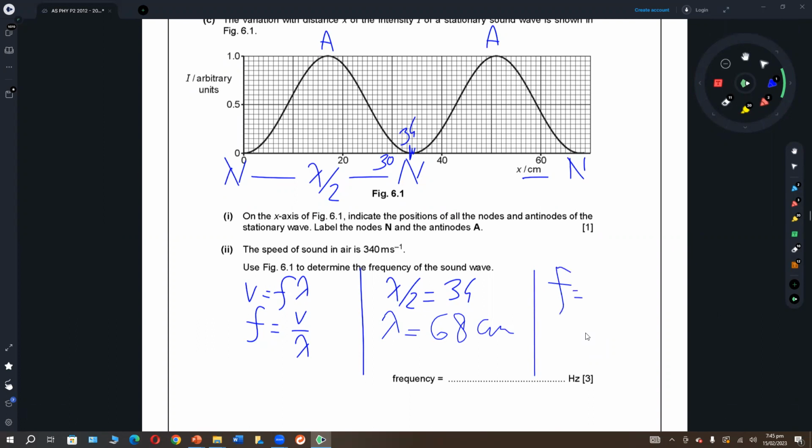He is playing again, and it's meter per second. The answer is coming as 500 hertz. 500.